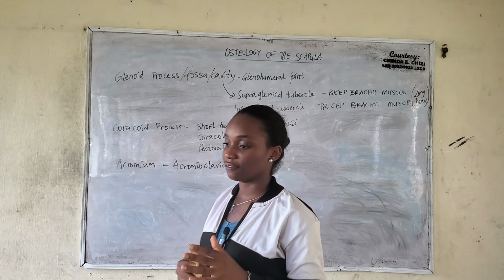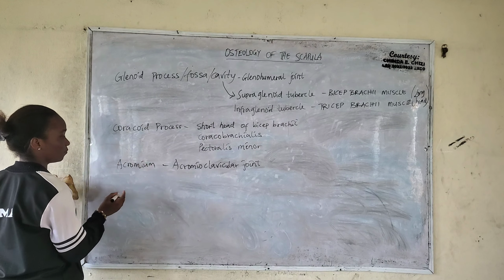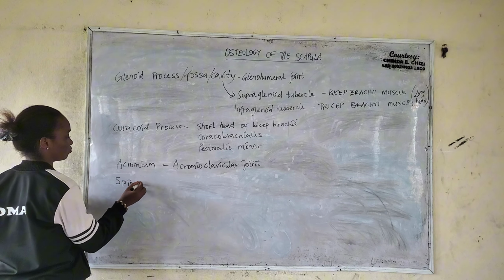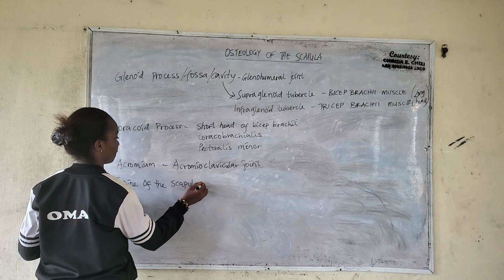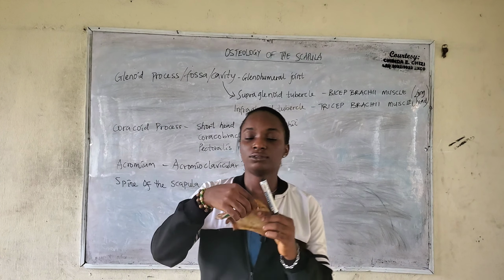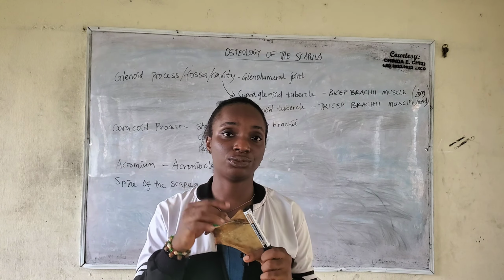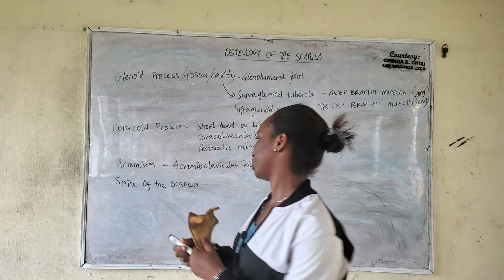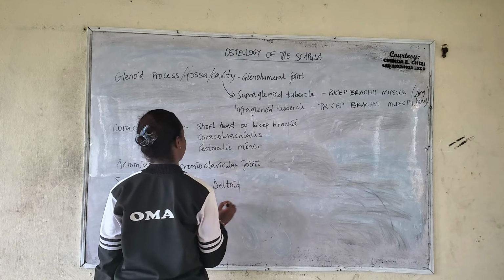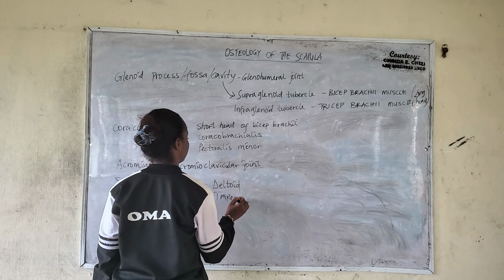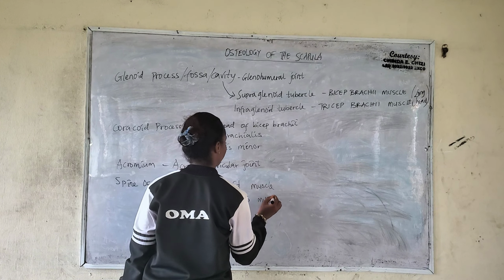Now, let's look at the spine of the scapula. We've already talked about this spine. I just want to mention the two muscles that attach to it: the deltoid and the trapezius.